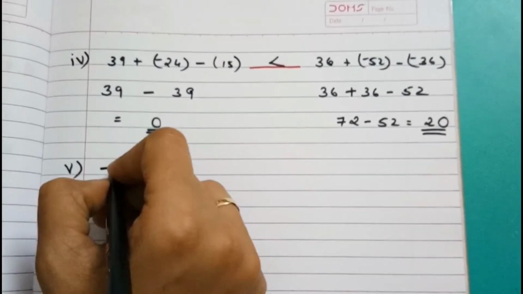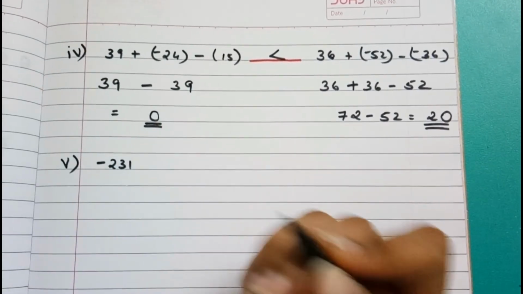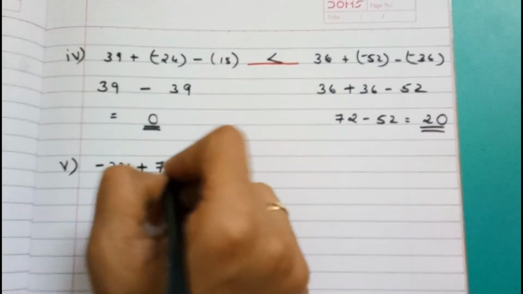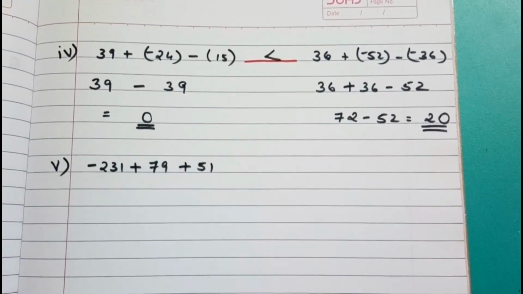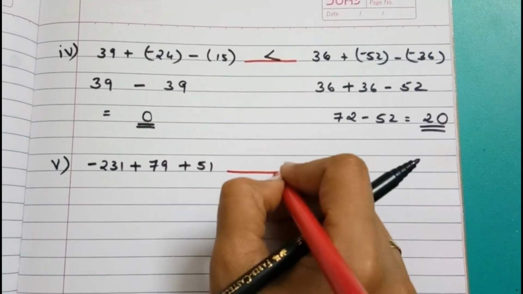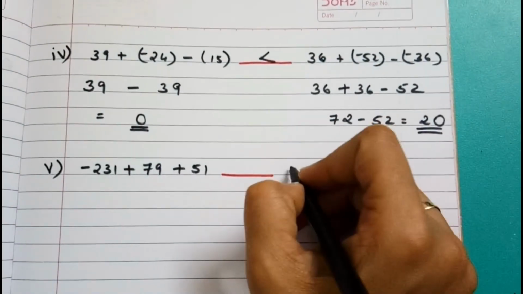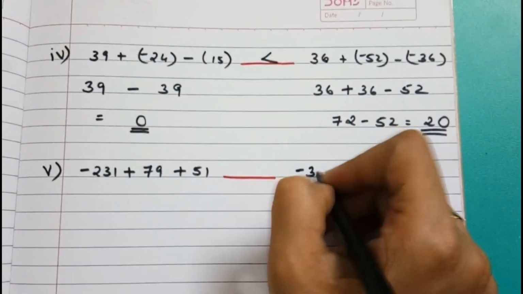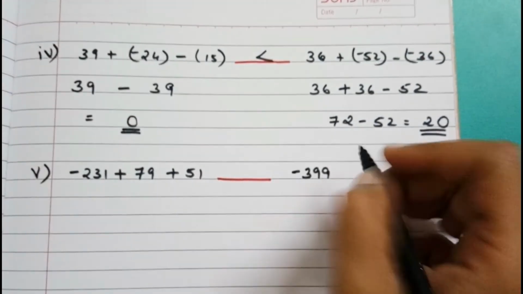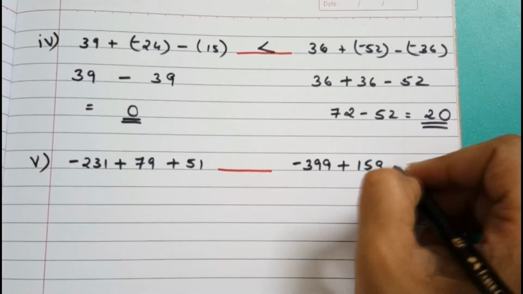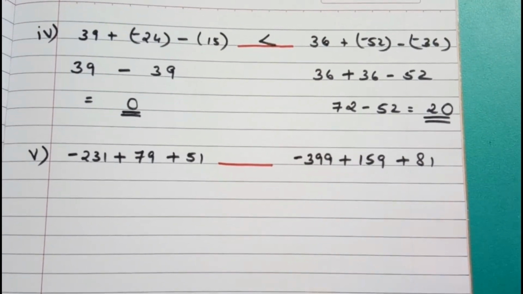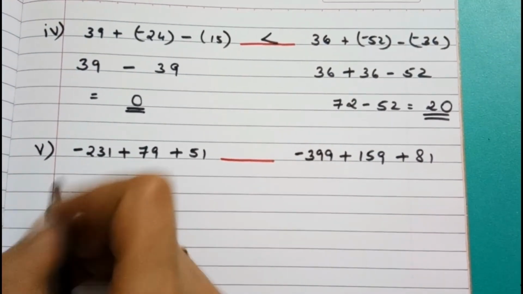That is minus 231 plus 79 plus 51 is lesser or greater than minus 399 plus 159 plus 81. This seems to be very simple.